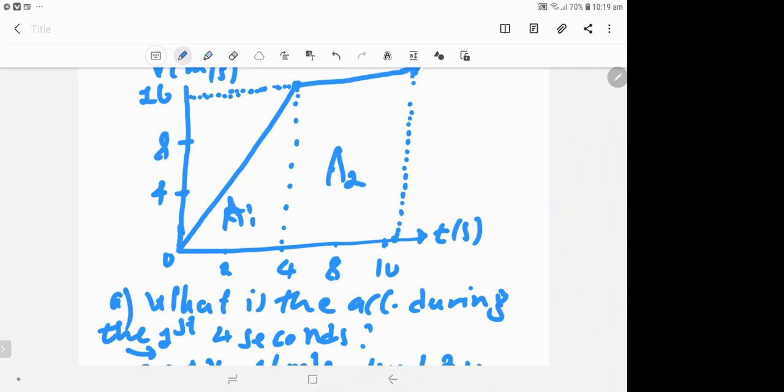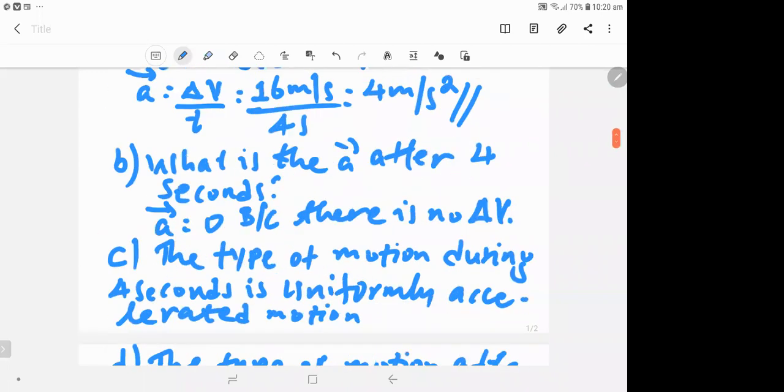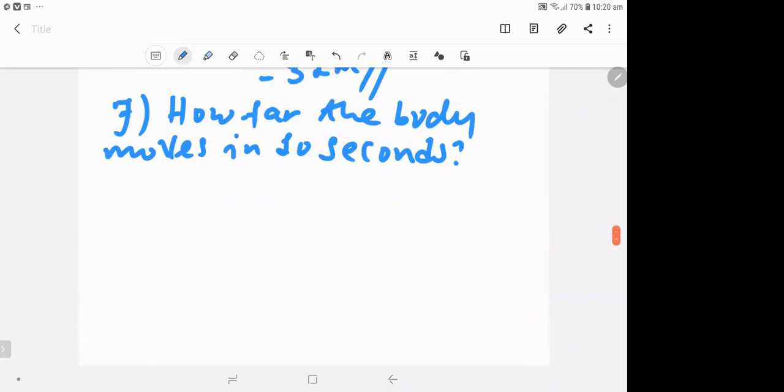Because it looks like a rectangle, multiply, and add to get the total displacement. Try by yourself, and if it is not clear, we will do it together next period.